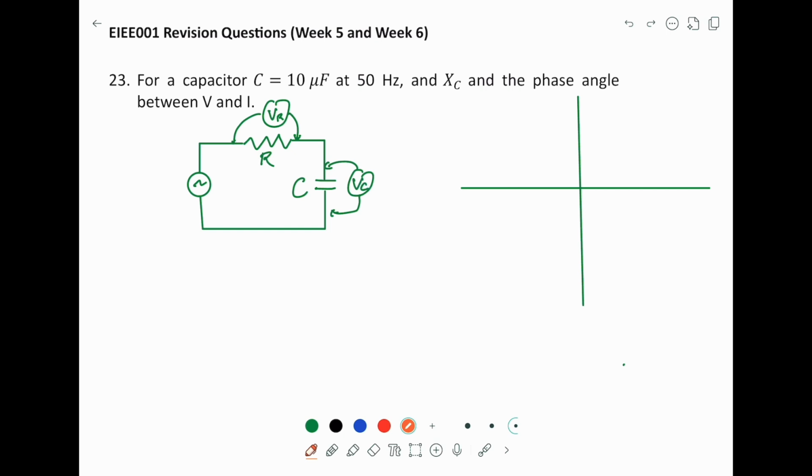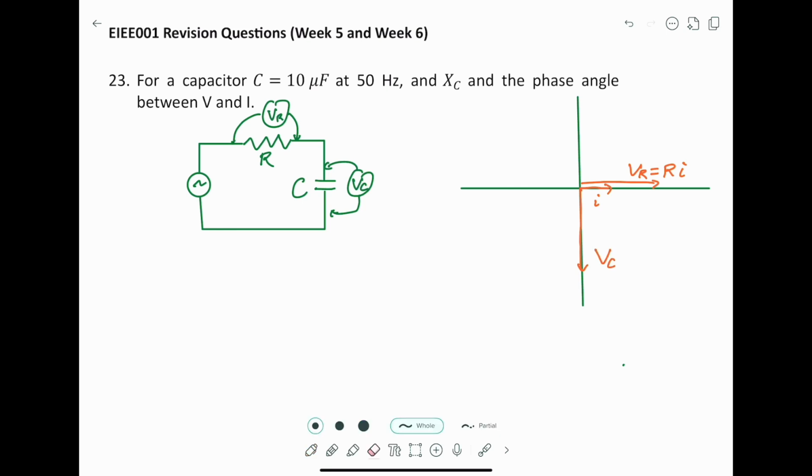For the RC circuit, the current passing through R and the voltage across the R are in phase and Ohm's law applies. So this is RI. However, the voltage across the capacitor is out of phase. It lags behind. So I will put the voltage here across the capacitor.